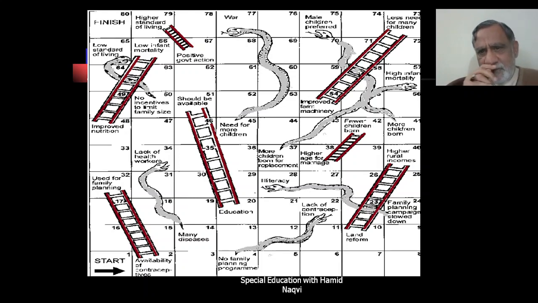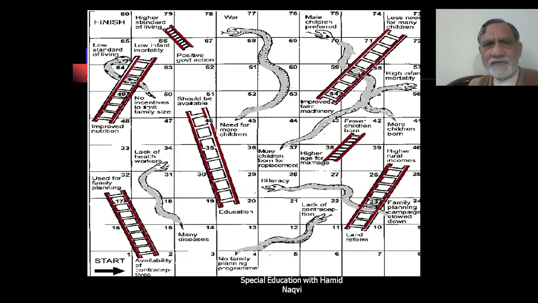And then further we have 48, a ladder, improved nutrition. Then we have a ladder at 54, that is improved farm machinery. Then we have a snake at 57, which is high infant mortality.